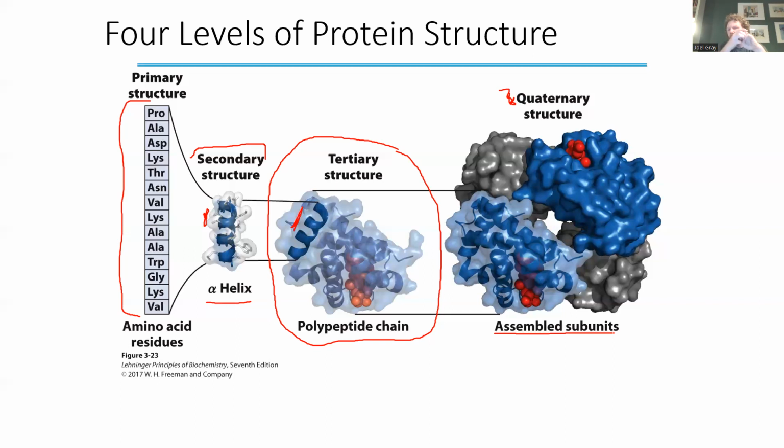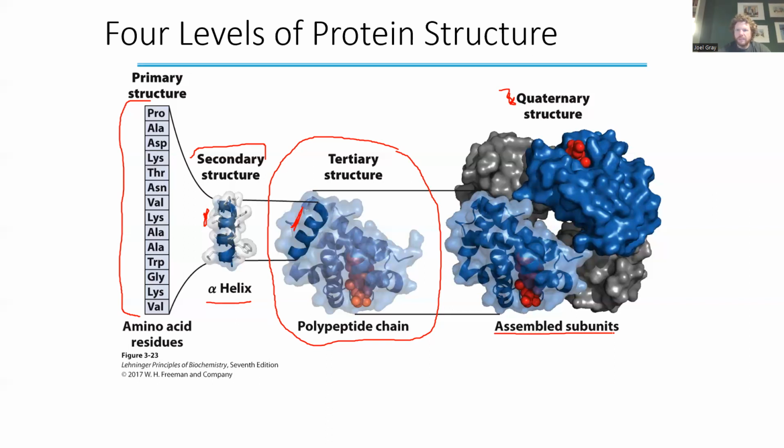Those groups are going to be in proximity to one another, and they're going to form a structure. So it's going to be R group interactions again, but it's R groups on different polypeptide chains. That's the key difference between the tertiary structure and the quaternary structure. The tertiary structure is one singular polypeptide. The quaternary structure is at least two polypeptides that have folded together to make one complex shape.